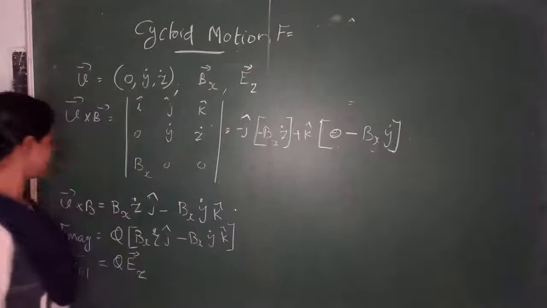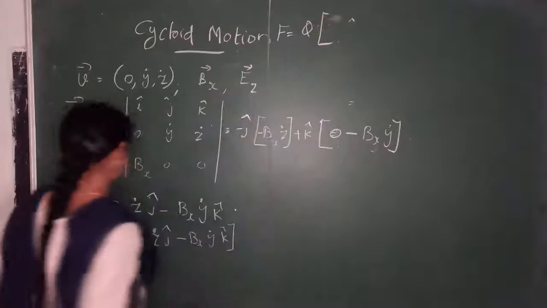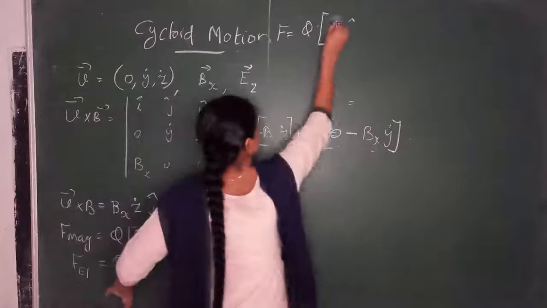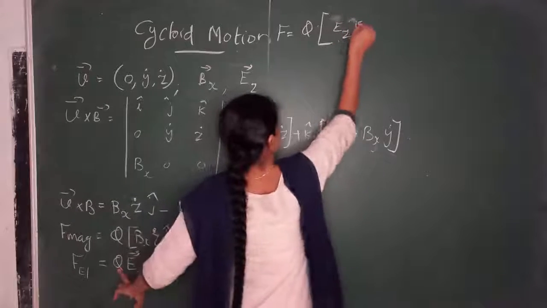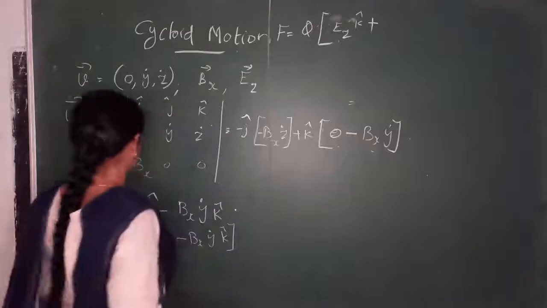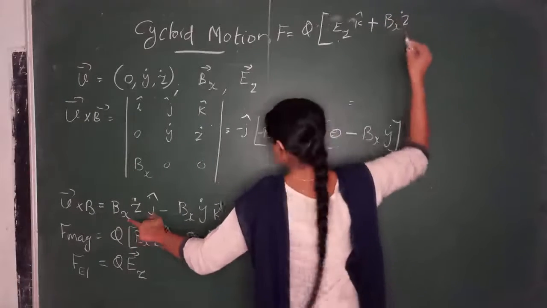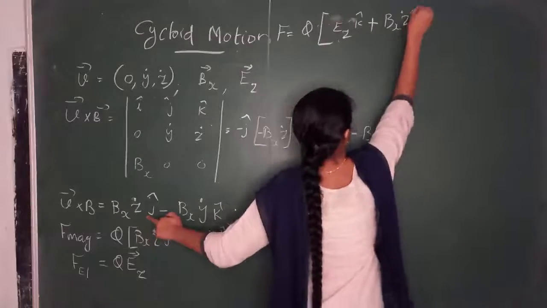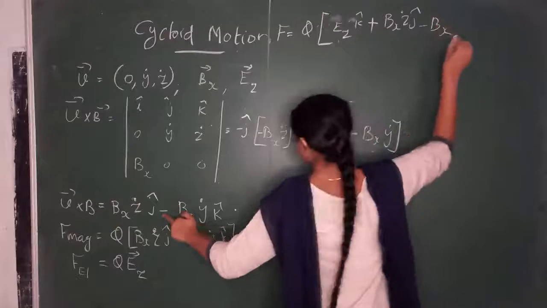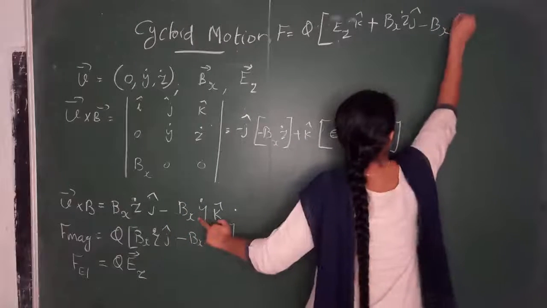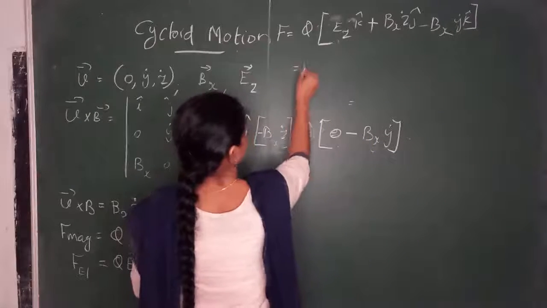Total force is equal to Q into Ez, which is in the k direction, plus Bx z dot j cap minus Bx y dot k, which is equal to ma.